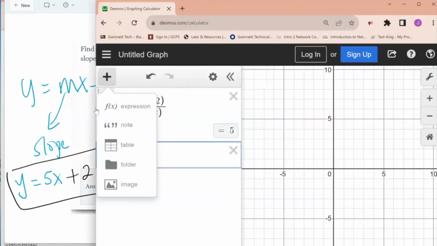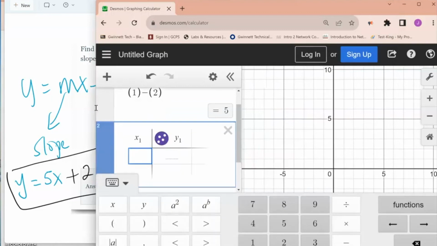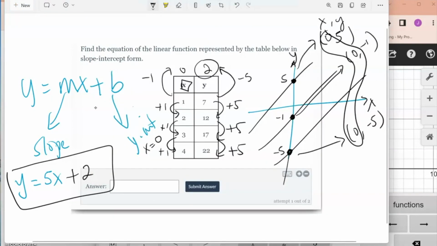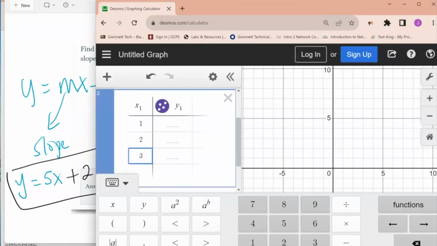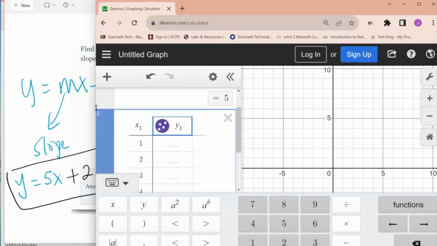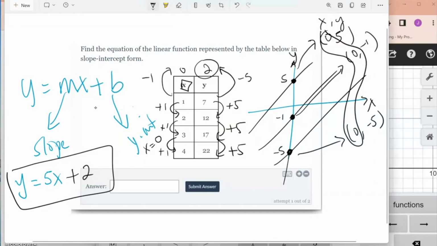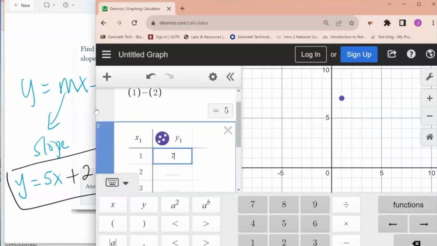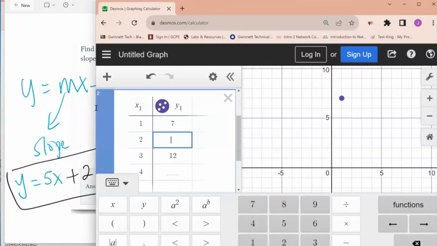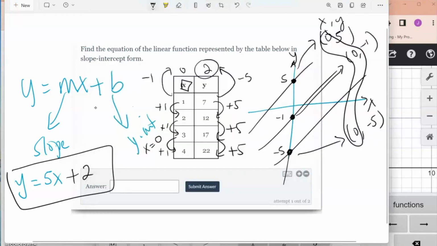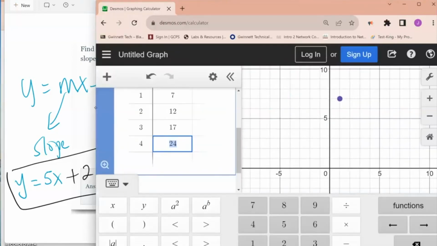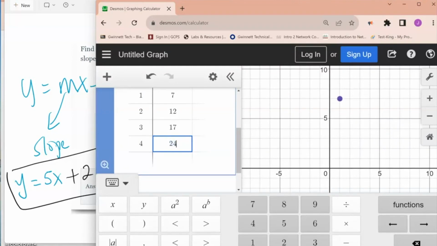So you go right here, hit table, and then put in the values. 1, 2, 3, 4, and then 7, 12, 17, 22. Make sure you copy the table correctly.